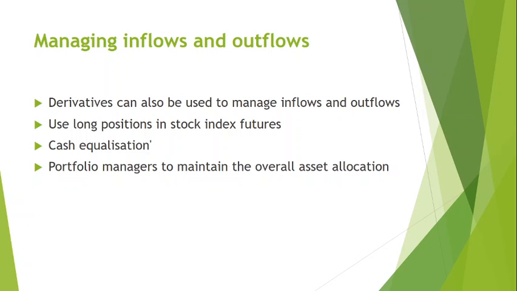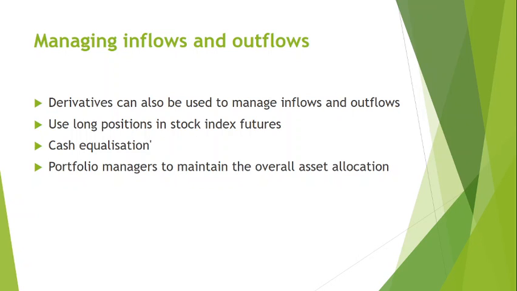Managing inflows and outflows. Derivatives can also be used to manage inflows and outflows of cash in a portfolio. A large cash flow has the effect of reducing the portfolio's exposure to other assets and changes the chosen asset allocation. A planned withdrawal will also increase cash holdings until the withdrawal occurs.